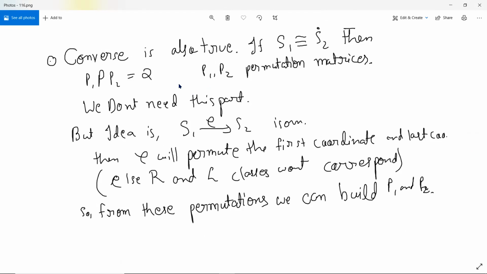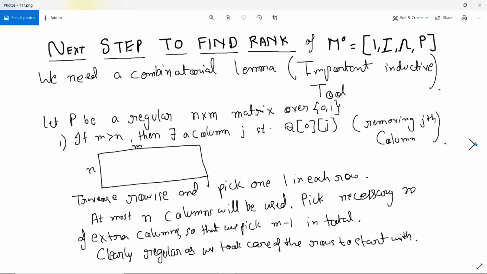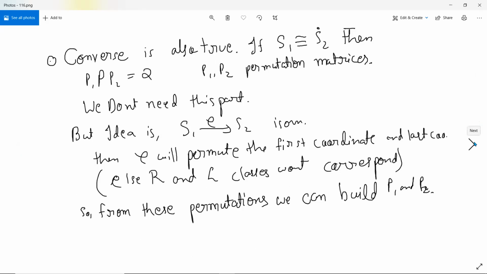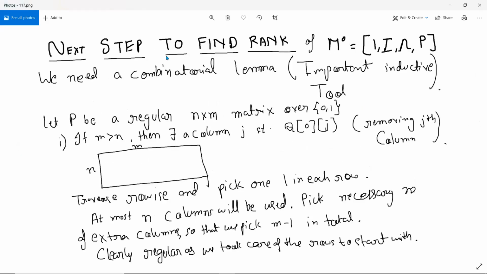So we know that it is isomorphic to S1. We'll be working with that kind of S2, and we will know that it is certainly isomorphic. We will not be assuming that it's isomorphic and then deducing that this has to be a permutation. We'll not be using that direction, so we don't really need it. So that was the first step, to simplify. And let's see its implication right away.